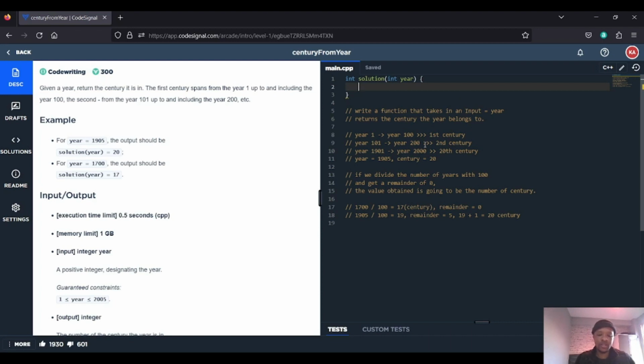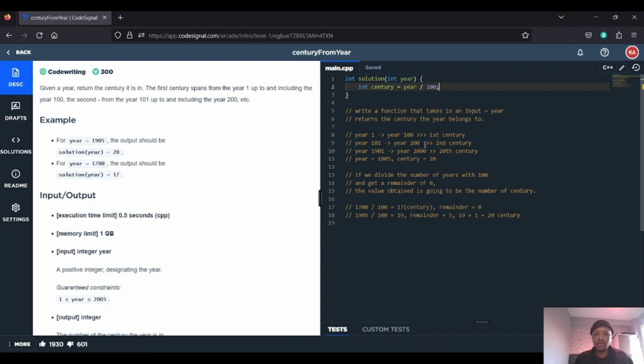So now let's say that the century is obtained by dividing the year by 100. Okay, remember, we want the integer part of it, so we don't want the decimal point. The century is always a whole number, an integer, so our century should be an integer, not a floating point number.